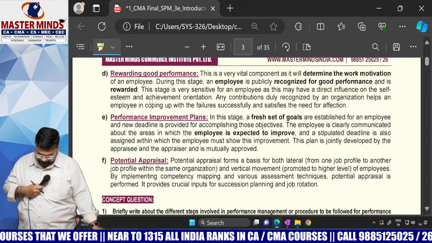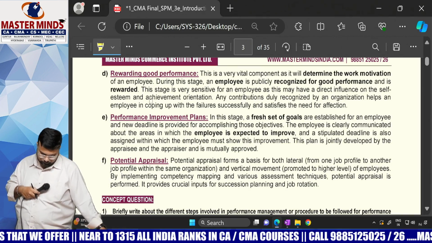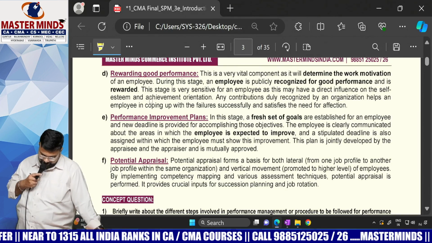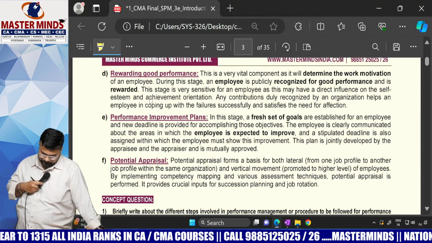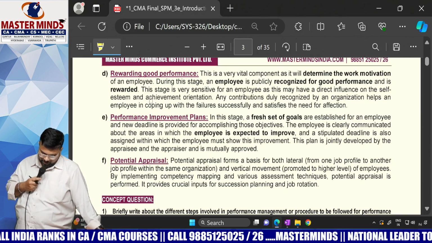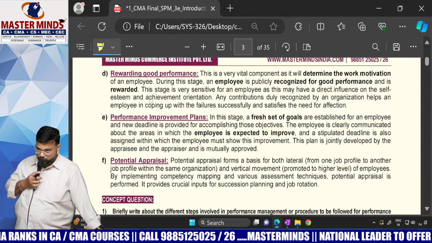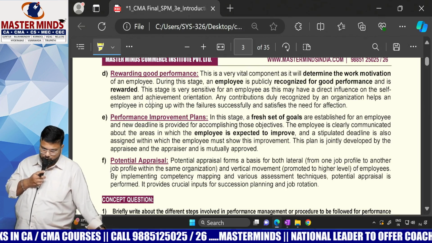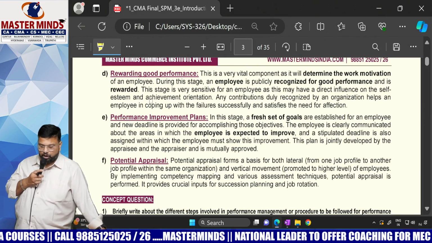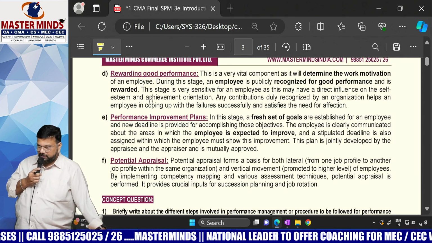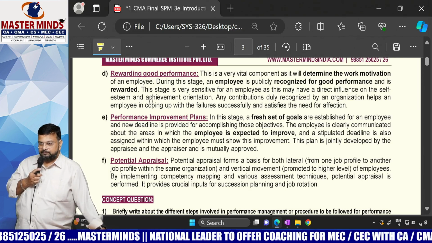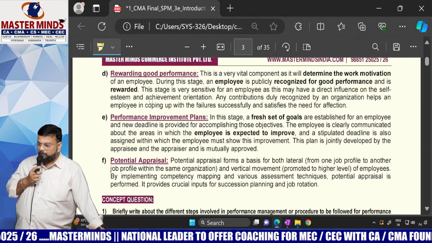Next round. During this stage, an employee is publicly recognized for good performance and is rewarded. This stage is very sensitive for an employee as this may have direct influence on self-esteem and achievement orientation. When you are rewarded and recognized in the classroom, you have performed well in the examination and one of the faculty members has recognized you. So automatically, what will happen?